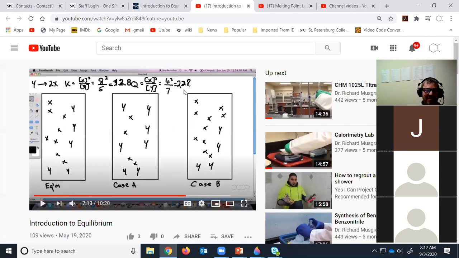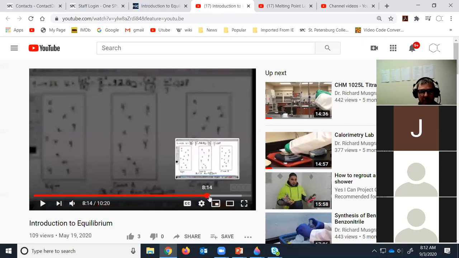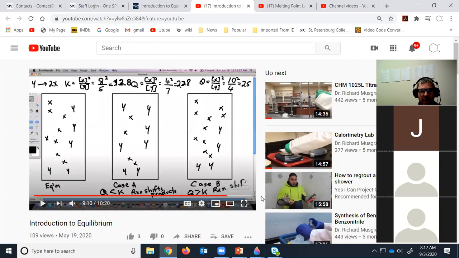All right. Let's look at case B here. Now, case B, it looks like a whole lot more x's and a whole lot less y's. So let's take a look at the Q for that one. If I count up the x's, it comes out to be 10.